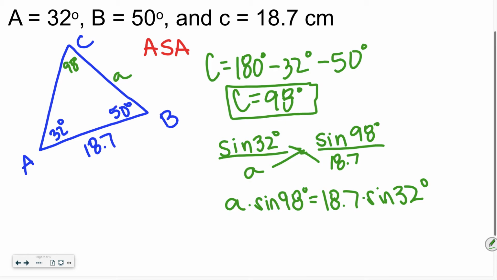So in your calculator, you can punch in 18.7 times the sine of 32 degrees. Make sure that you either hit equals or close off the parentheses before dividing the sine of 98 degrees over to the other side.